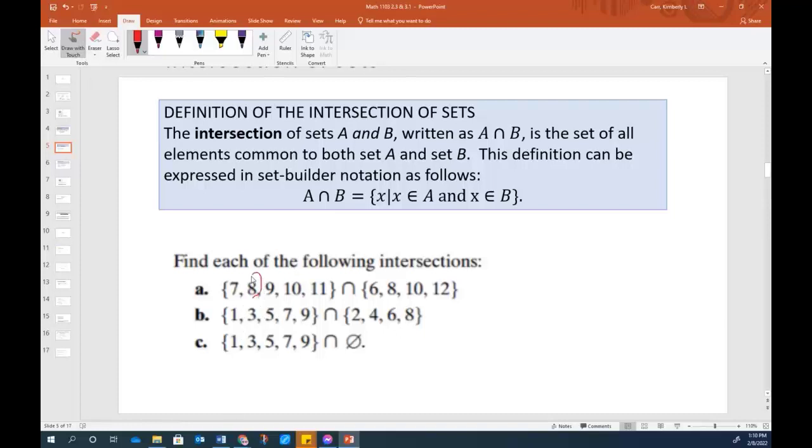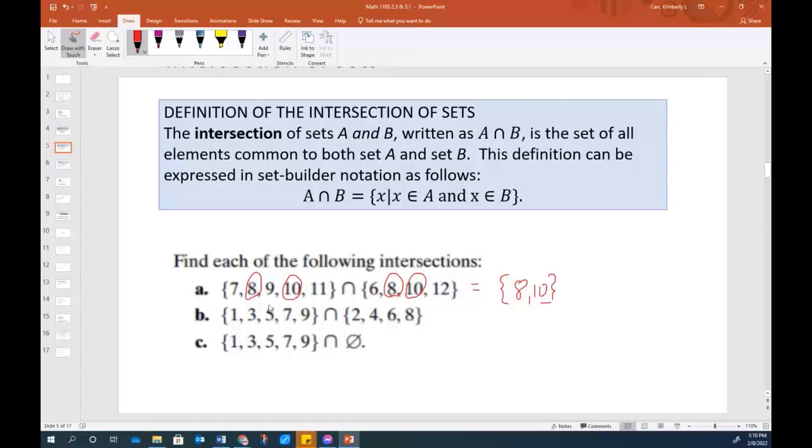I see that there is an 8 in both of those. There's also a 10 in both of them. But 6 is only in the right, 12 is only in the right, 7, 9, 11 are only in the left. So that intersection would be the set 8, 10.